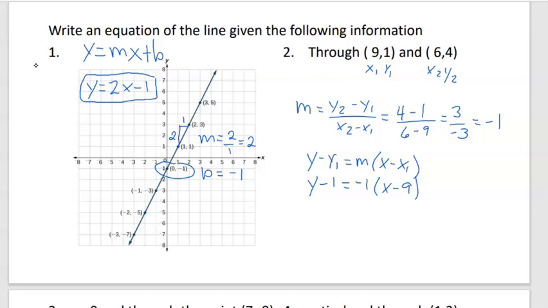Distribute the -1 to the x and the -9. y - 1 = -1x + 9. Add the 1 to both sides. We should get y = -1x + 10.